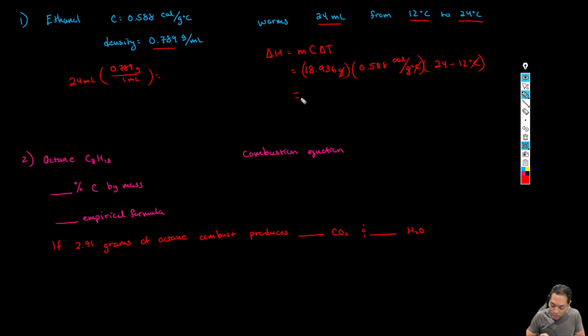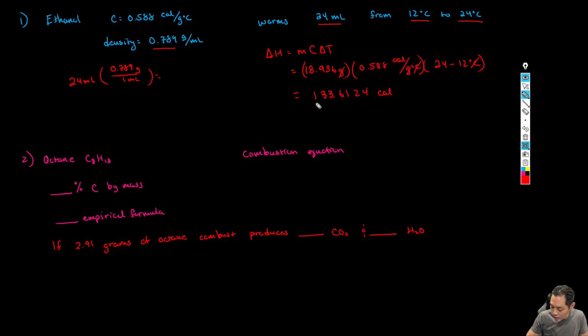And when you do this calculation, 18.936 times 0.588, and then times 12, I get 133.6124, etc. calories.